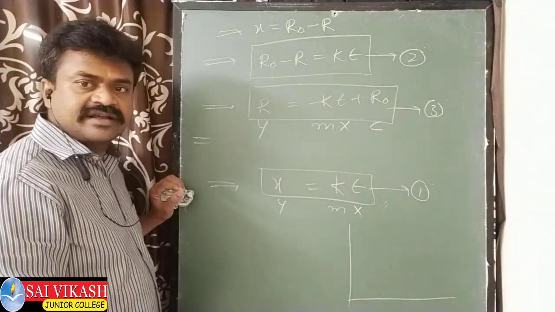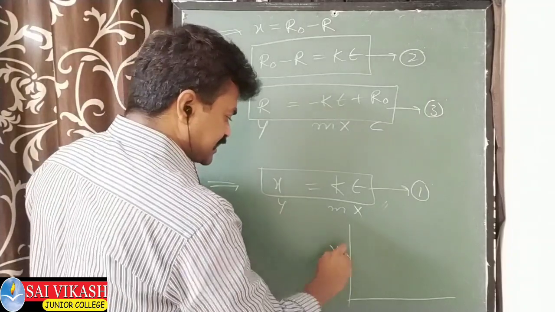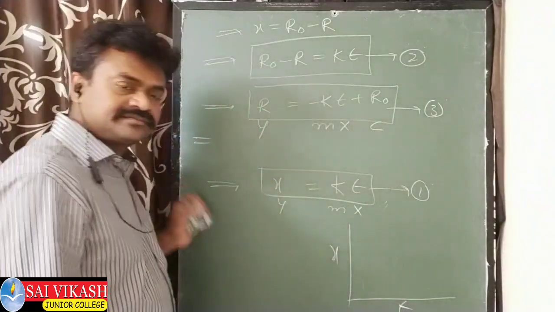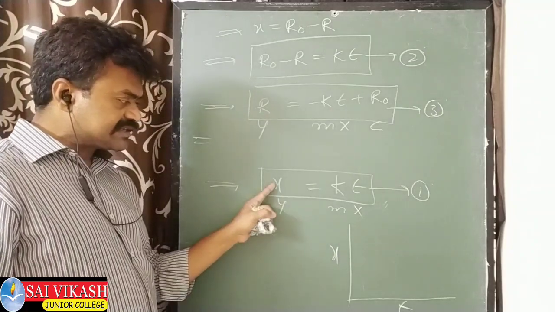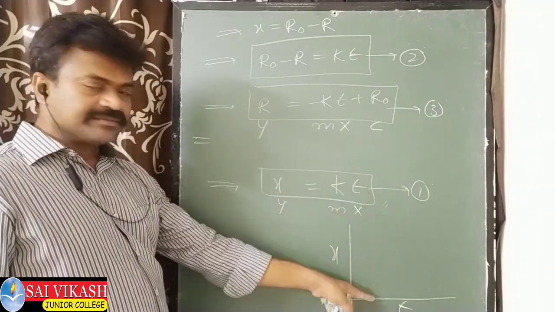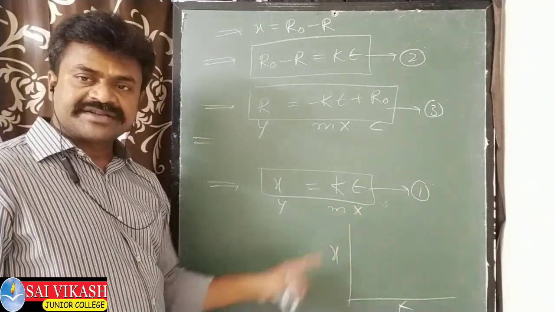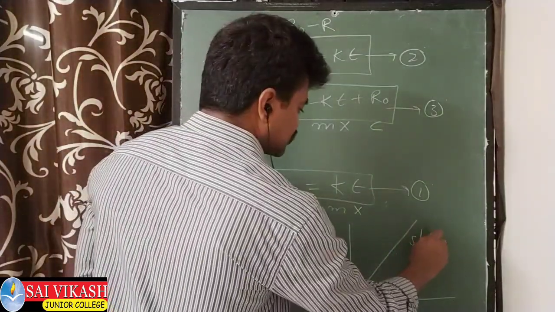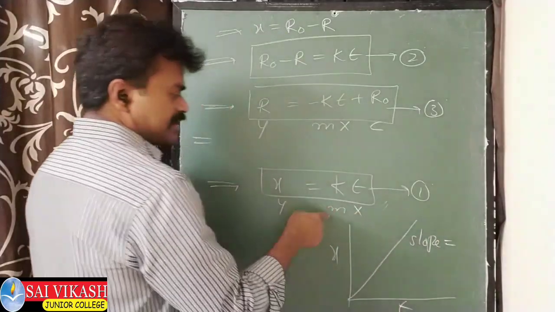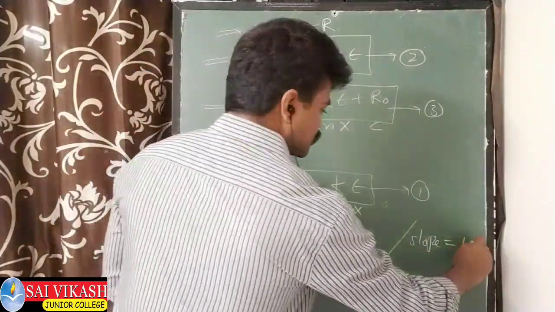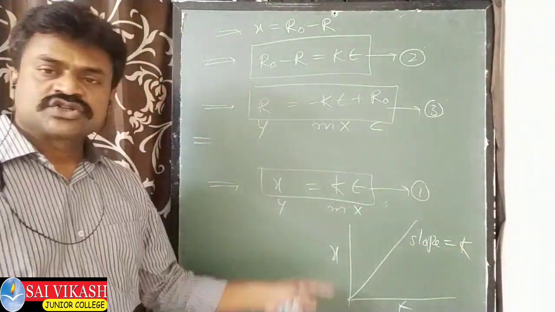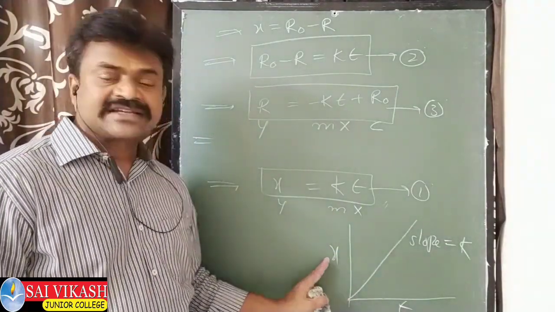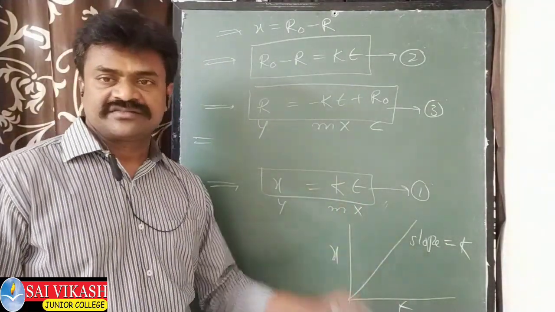On the y-axis I take x, on the x-axis time. Then y equals mx means a straight line passing through the origin. In place of m, k is there, so the slope is k. This is the graph between x and t for zero order.